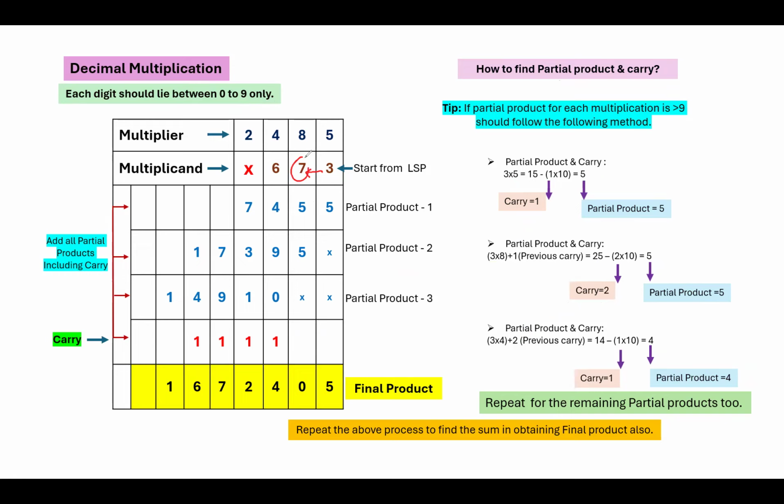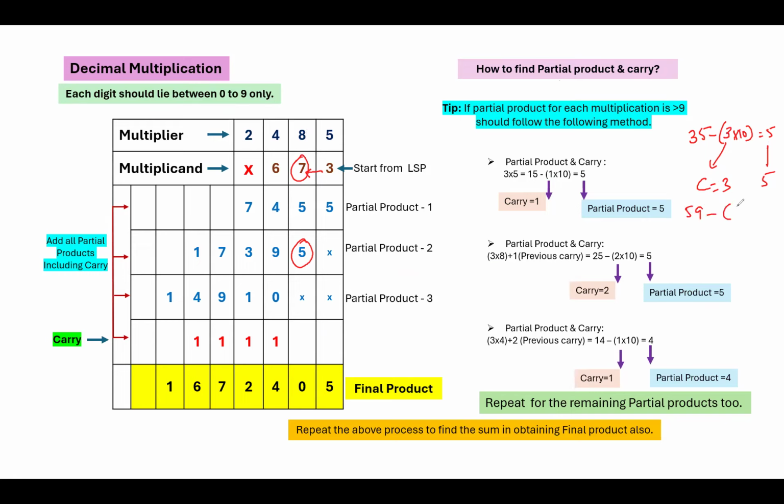Now multiply with the 7. 7 5s are 35. 35 is greater than 9. How many tens do we have? 3 into 10. The difference is 5. So 3 is the carry, 5 is the partial product digit. Write the 5 here. Now 7 into 8, 7 8s are 56 plus 3, 59.